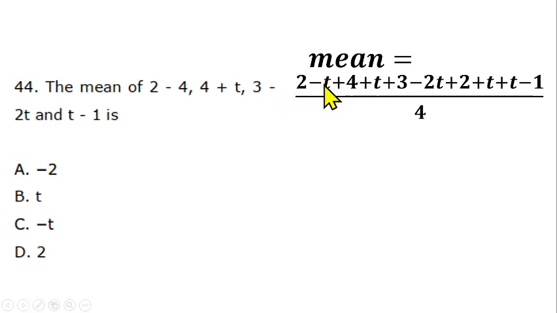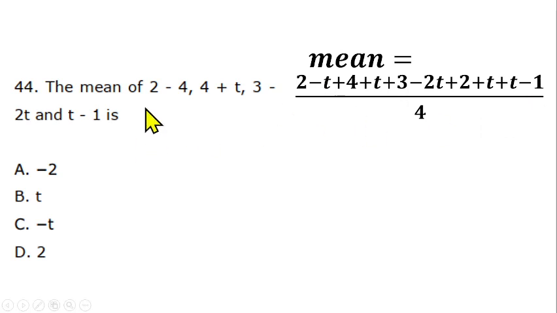This is 2 minus t, not 2 minus 4. Then we have 4 plus 2, we have 3 minus 2t, and we have 2 plus t, and we have t minus 2 as well.